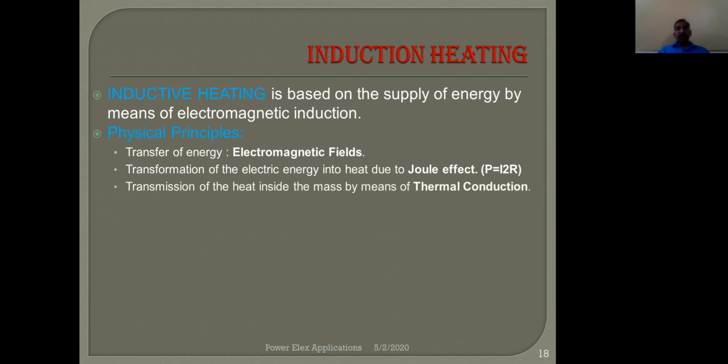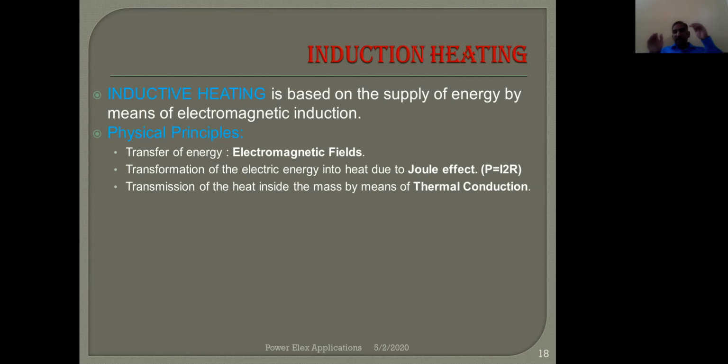Transmission of this heat inside the mass is by means of thermal conduction, because energy is transferred by electromagnetic induction. Suppose a cross section is a circle, and due to skin effect, the electromagnetic field is generated outside of that particular cross section, that is, the solid iron bar.